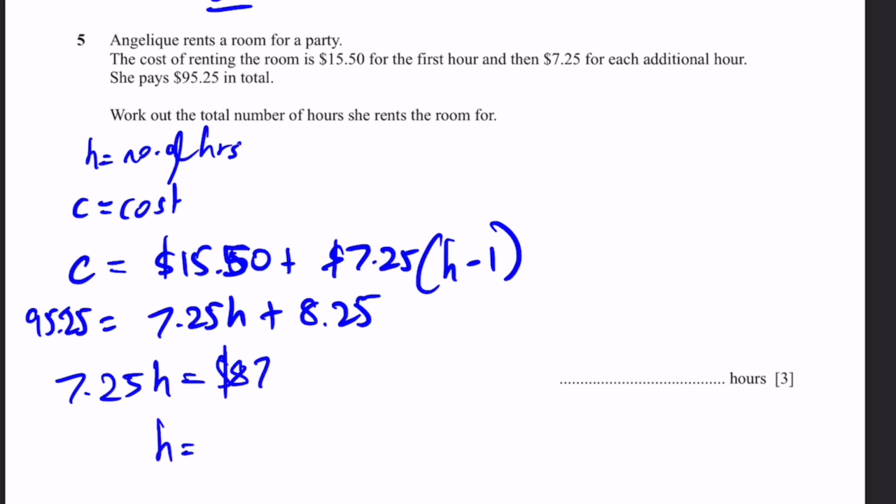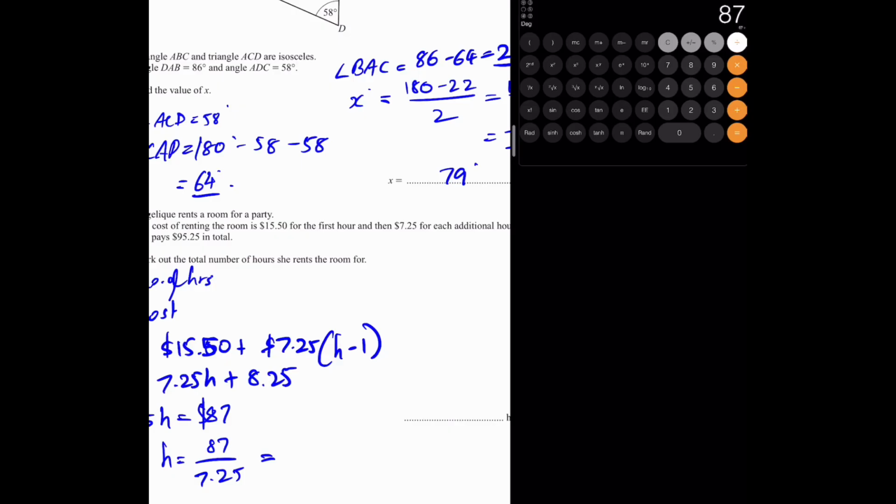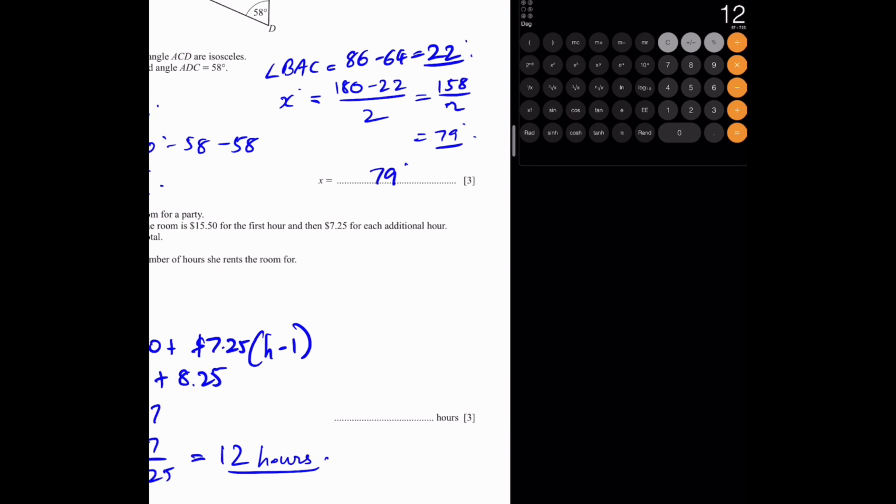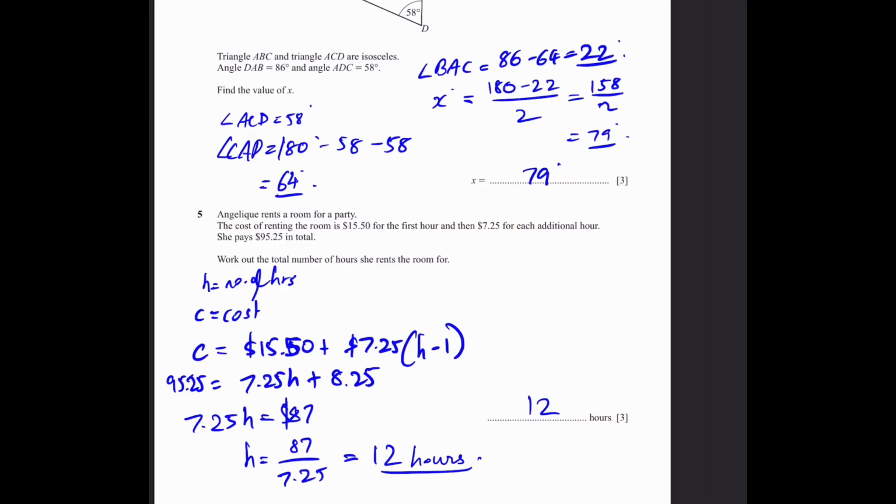So H will be equal to 87 by 7.25, which will be equal to, let's get our calculator out, there we are, 87 divided by 7.25. That'll be 12 hours. That's the answer, 12 hours. You can also plug in the value into the equation and just check it. It'll be correct.